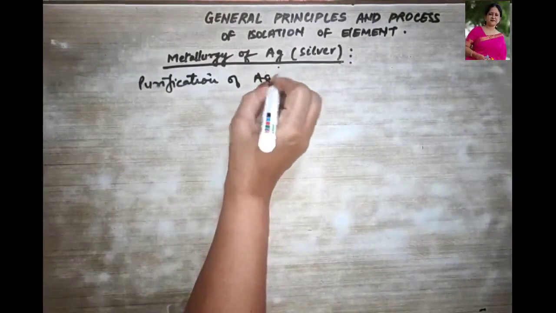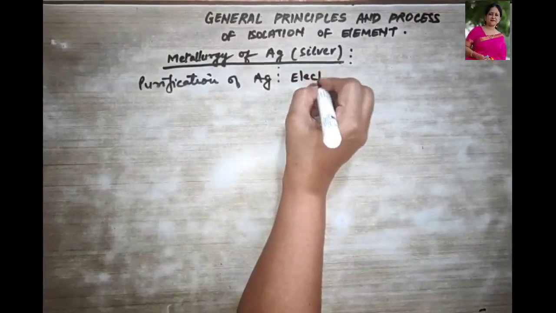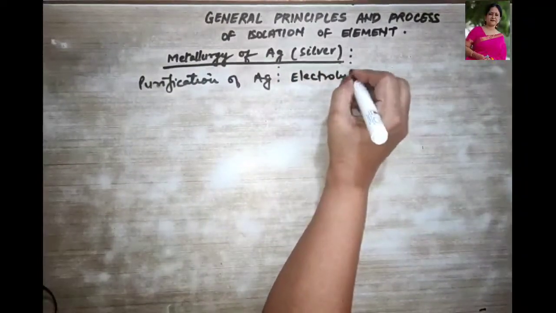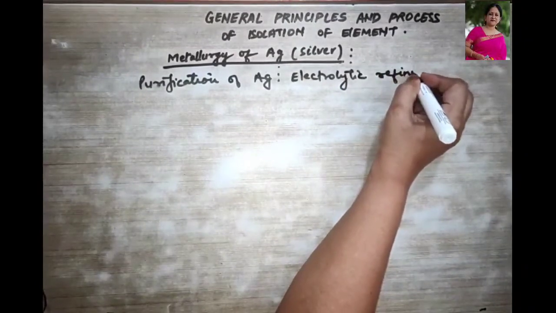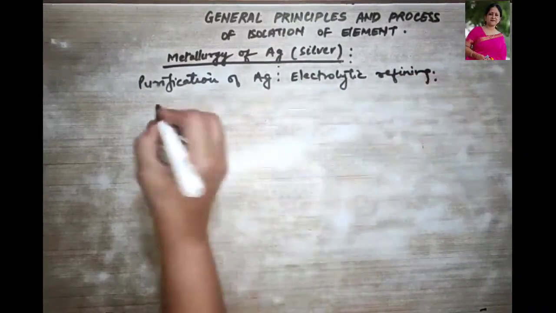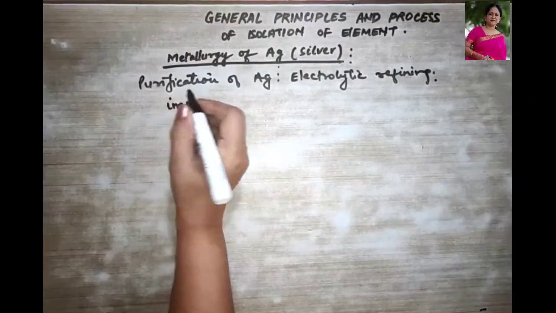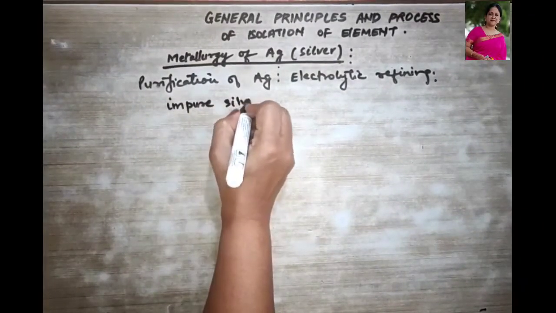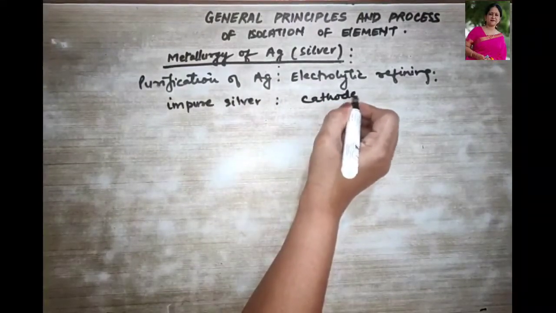So now let's talk about the purification of silver, which, as I told you, is done by electrolytic refining. Okay, so your impure silver is your anode, right?